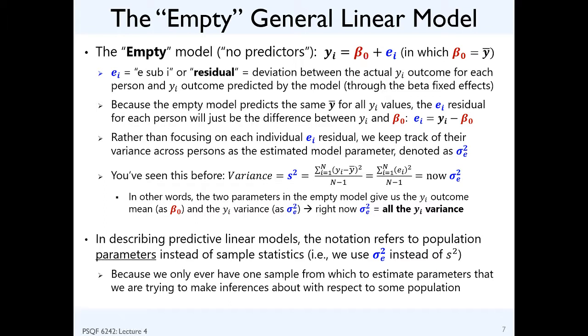Parameters is a word that means things to be found, things to be estimated: a fixed intercept, and an e variance across people. Things you don't know that you are trying to find using your data set. Parameters: fixed intercept, that's the mean in this case, and then variance of the e's across individuals.